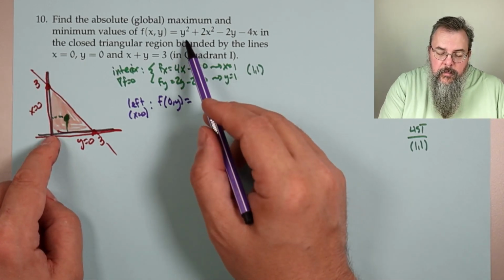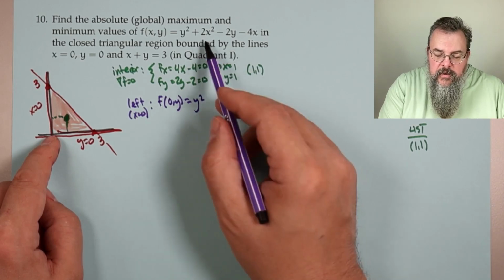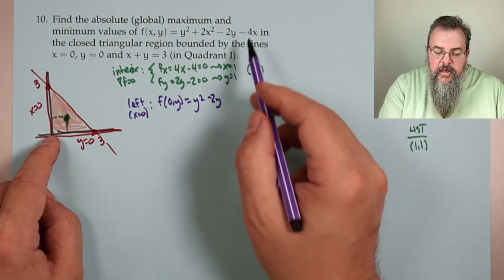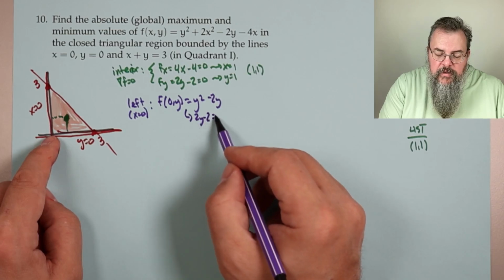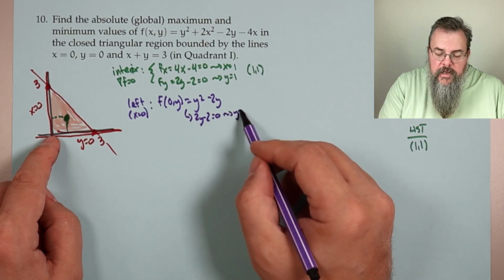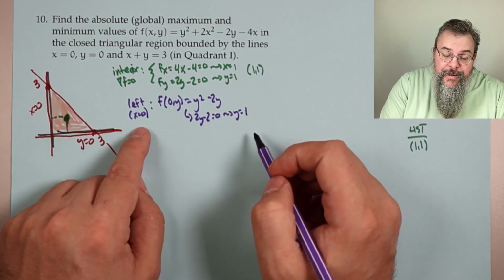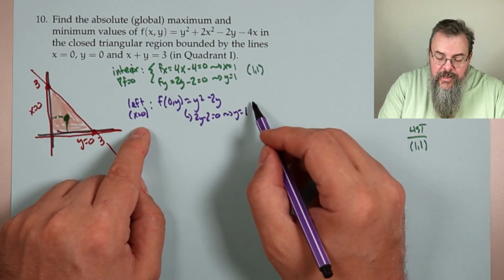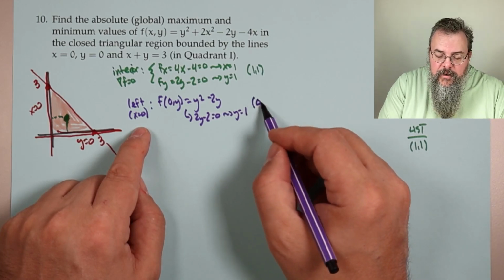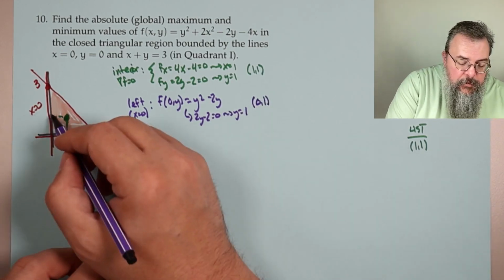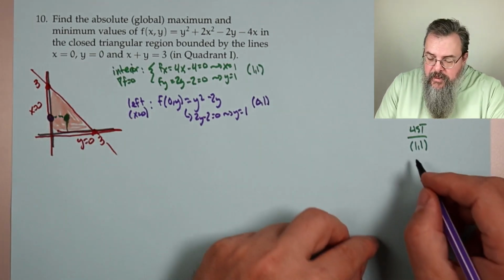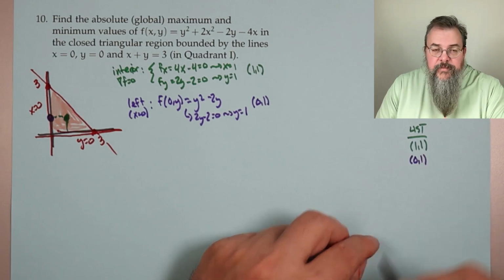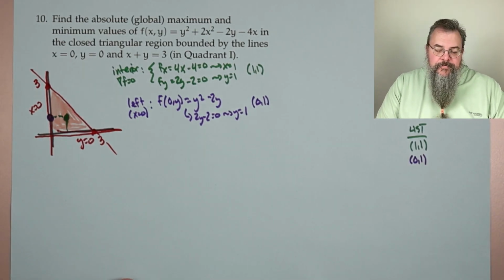Well, it's y squared plus 0 minus 2y minus 0. Take a derivative, 2y minus 2 equals 0. That says y equals 1, but we know that x equals 0, so that gives us the point 0 comma 1. And so that would be here. Okay, that's a point on our set. So that makes our list.